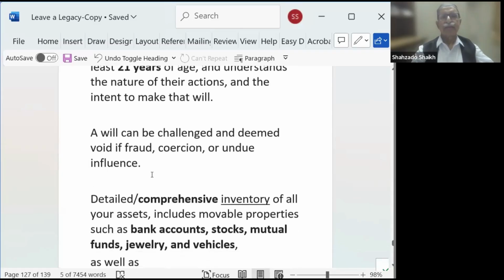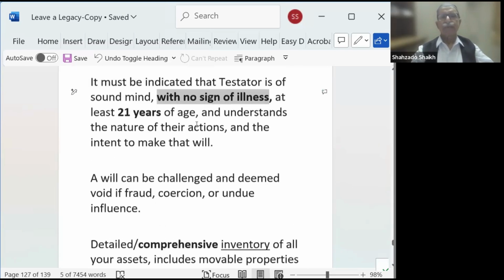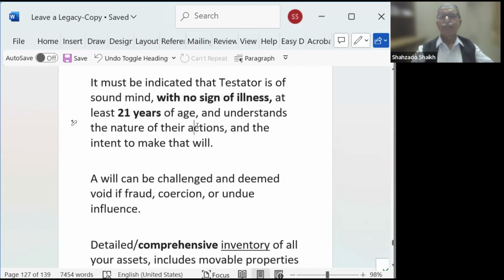A will can be challenged and deemed void if fraud, coercion, or undue influence is proved. In India, most of the cases on wills are taking place on these issues, like that the person was ill.